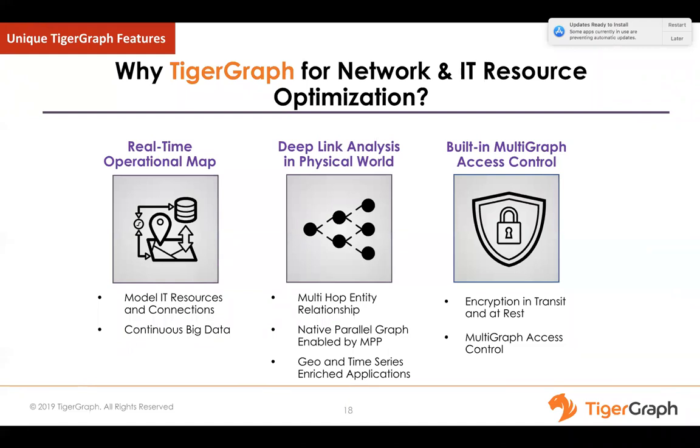With TigerGraph, you can also add geo and time series data, and it will enrich your graph applications. Thirdly, but not the least, TigerGraph has the industry-only multi-graph access control, which allows you to separate your graph into multiple business units and allow separation of control on expenses and usage.